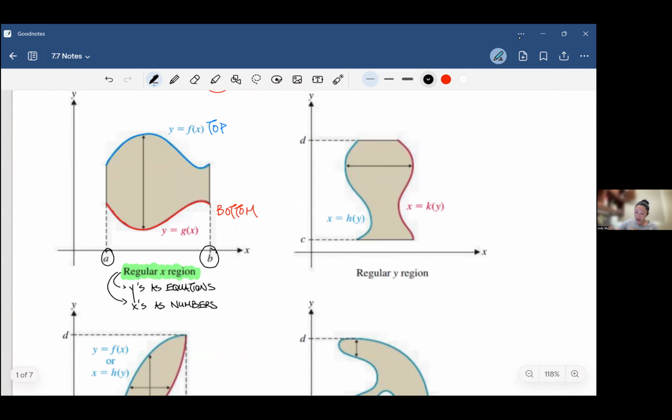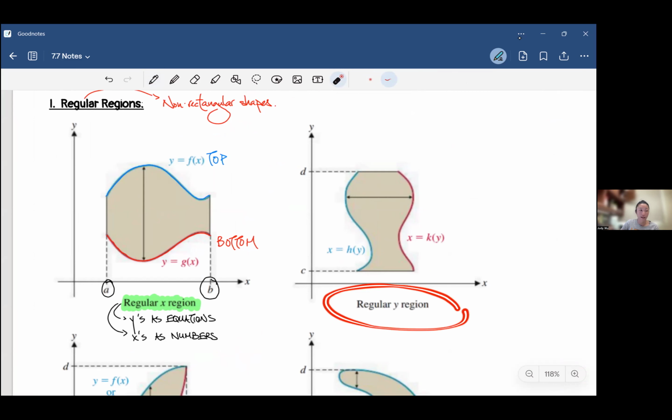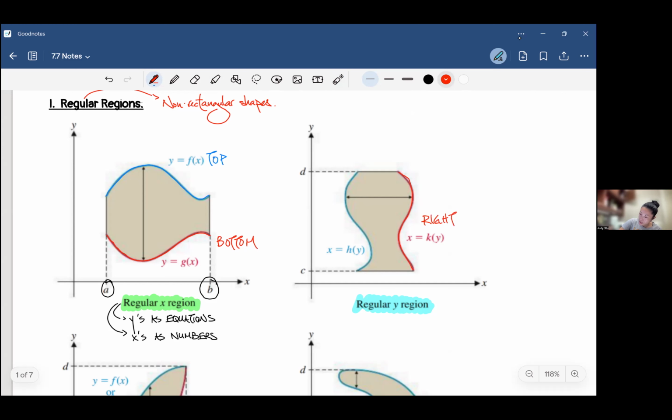All right, now if we move our eyeballs over to the right, we see we have a regular y region, okay? And this one is going to be almost like a rotation of what we had with the regular x region, okay? So instead of having a clear top and bottom function, we have a clear right function, and we have a clear left function, okay?